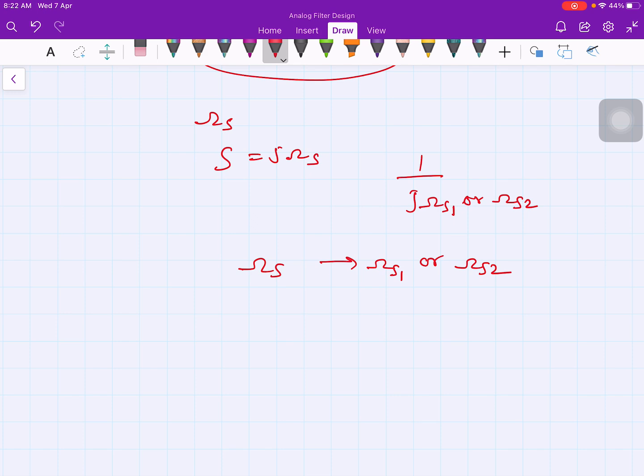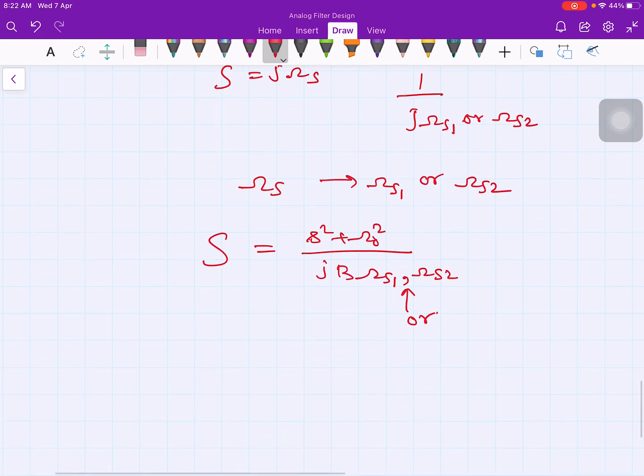The stop band edge of the normalized low pass filter will correspond to the two stop band edges of the denormalized band pass filter. So capital S equal to a square plus omega naught square divided by j times b omega s1. I put a comma here, omega s2. The meaning of comma is or.